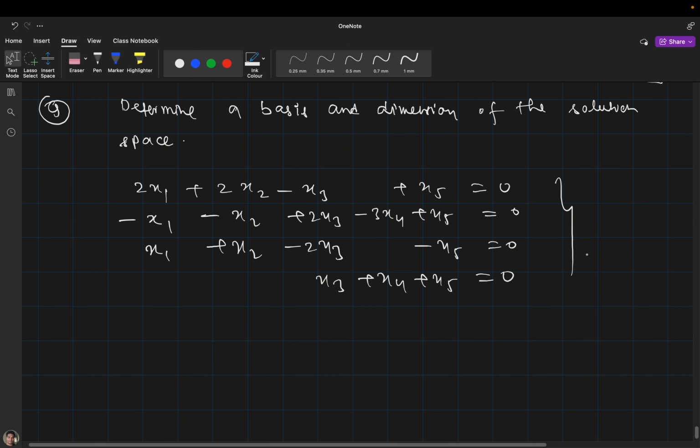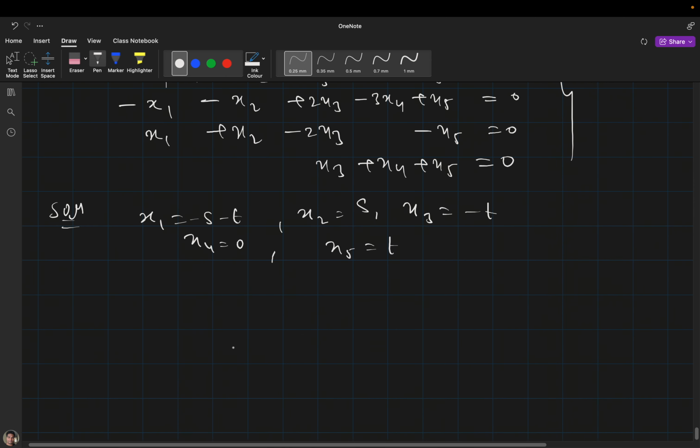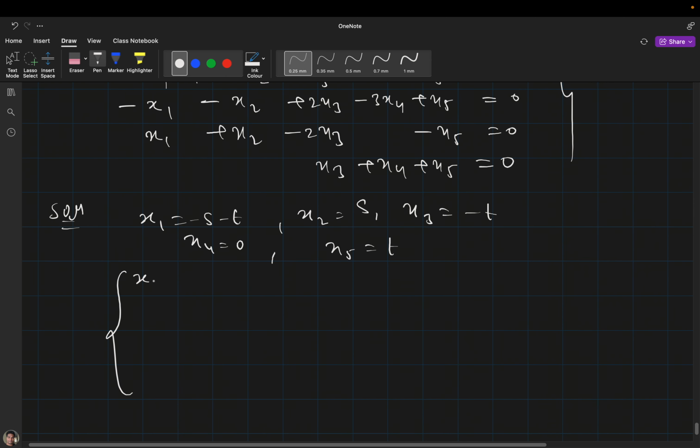Okay. So after solving, you will get x1 equal to minus s minus t, x2 equal to s, x3 equal to minus t, x4 equal to 0, x5 equal to t. Now write it in the vector form: x1, x2, x3, x4 and x5. So I can write it as minus s minus t, s, minus t, 0, t.